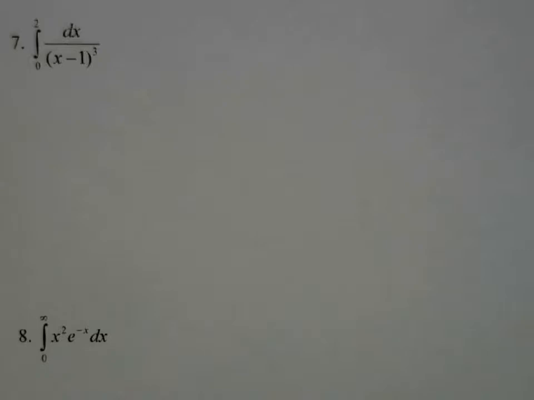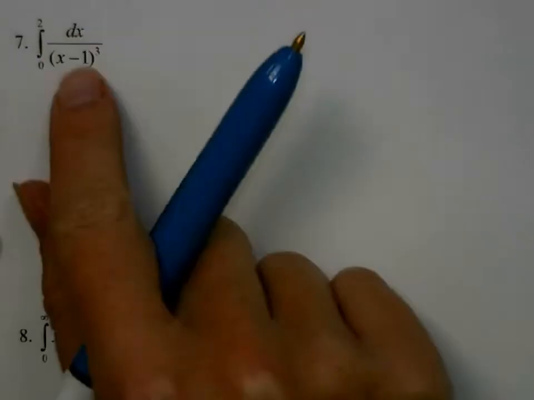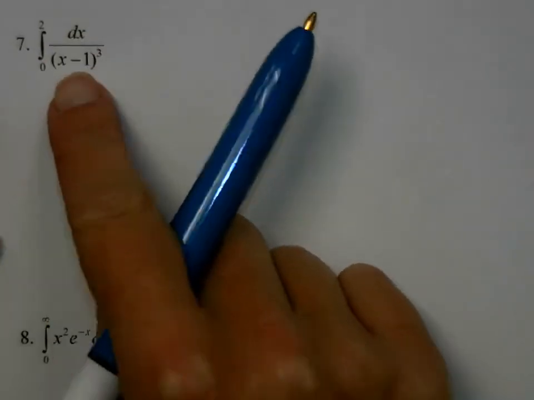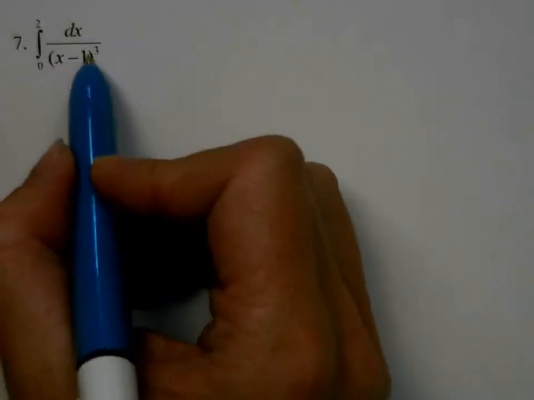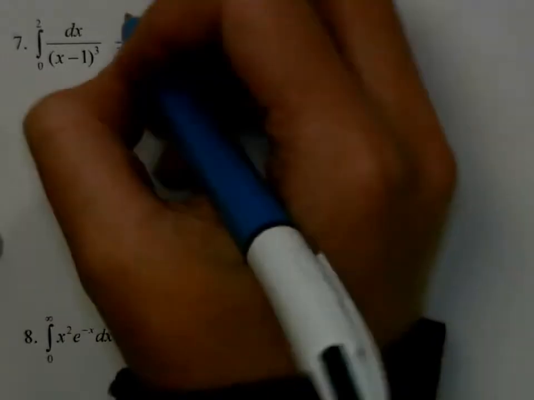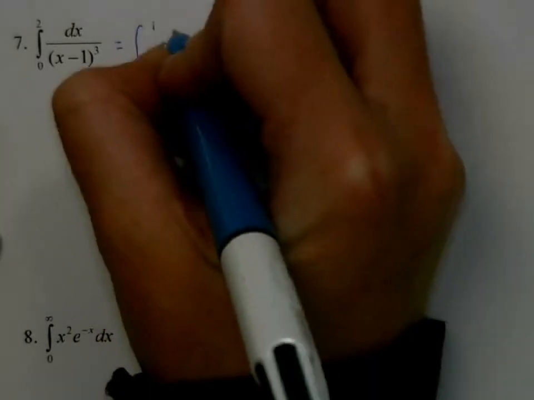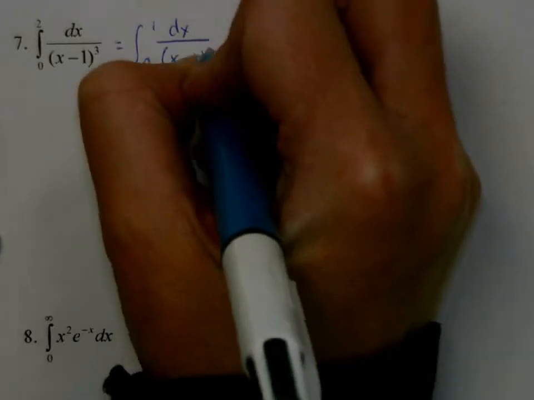This one, between 0 and 2, and these ones can be tricky because you might not recognize them as an improper integral at first, but between 0 and 2, this is undefined at 1. So the first thing I'm going to do is split this up into the integral from 0 to 1 plus the integral from 1 to 2.